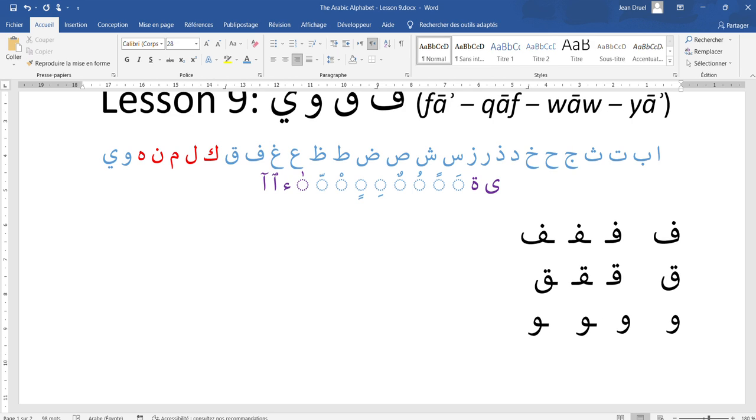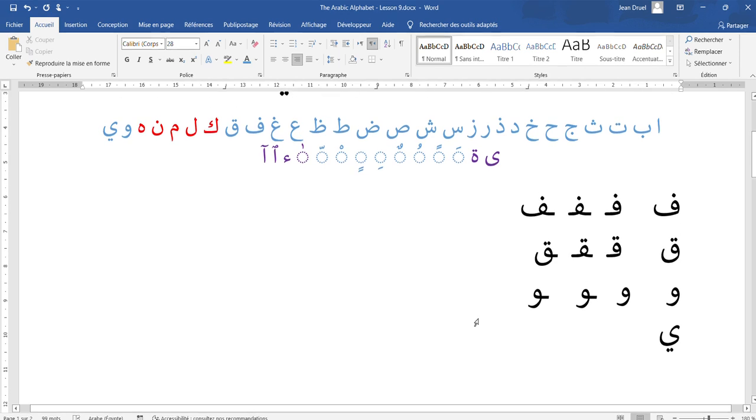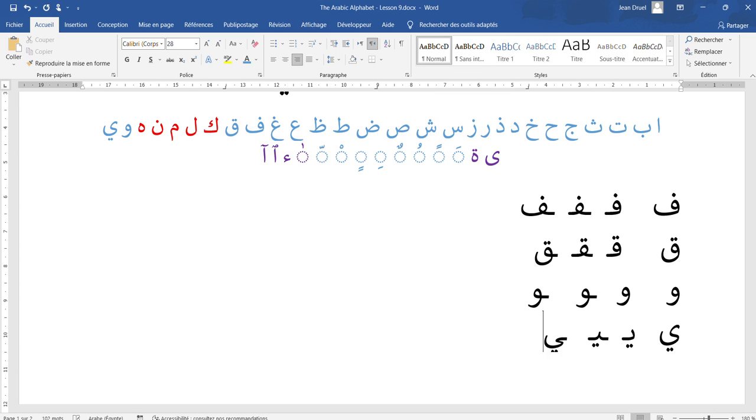The last one is the ya. The ya isolated form is very curvy like this. Then the ya connects on the right and on the left, and then the final form. The initial and middle remind you of the shape of the ba, ta, tha.